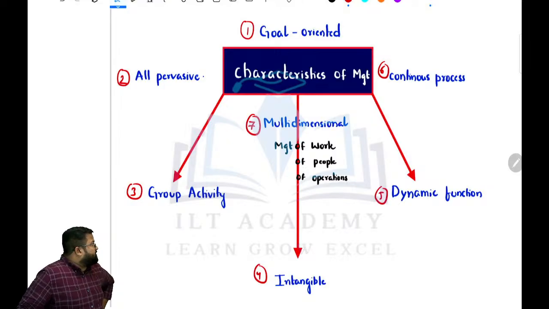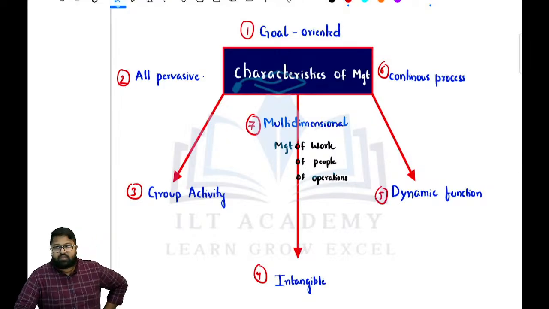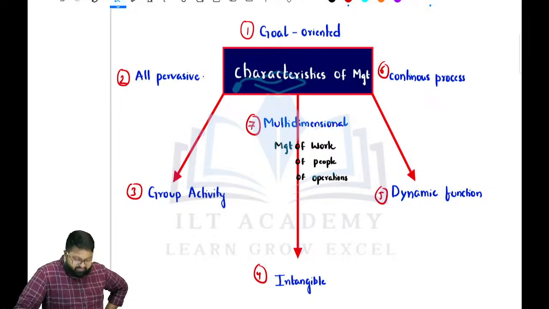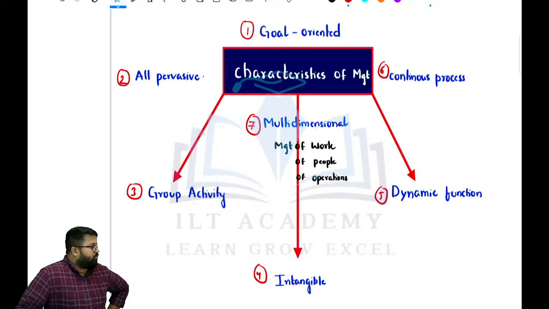There are 7 characteristics. Copy down the first one. Do it faster. And whenever you are writing notes, have the habit of mentioning the date. That will have importance.